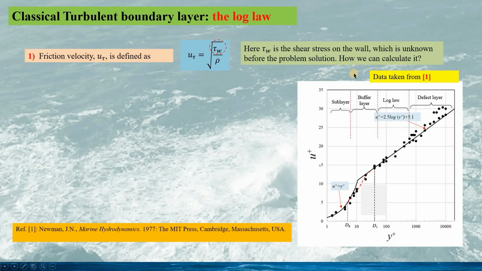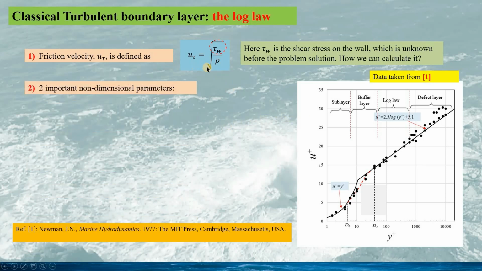However, in solving the fluid problem, we might need to know what the friction velocity is. There will be a catch here: how can we calculate this if we don't know the answer yet? In the next few slides, I will talk about how we can obtain the shear stress on the wall Tw.